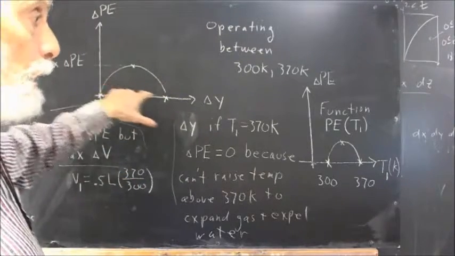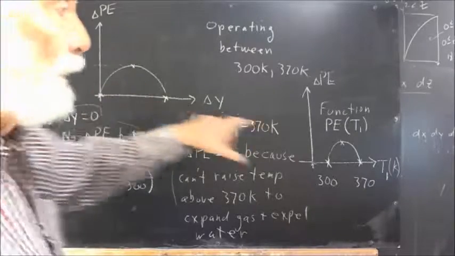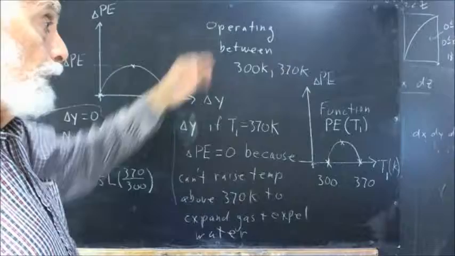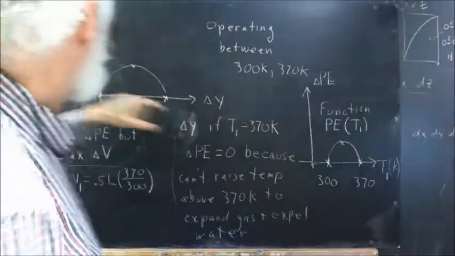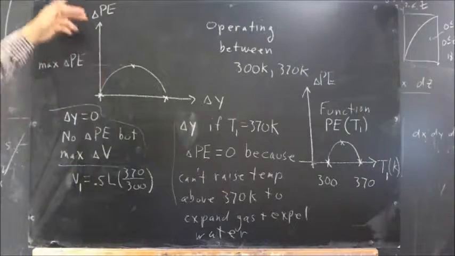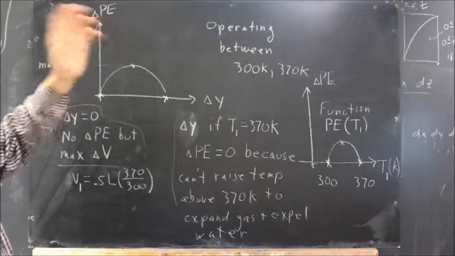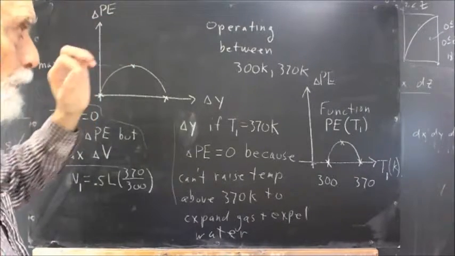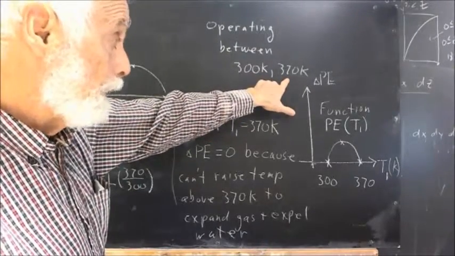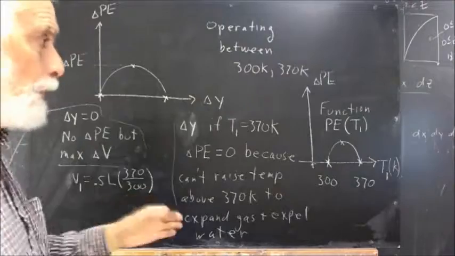Now, the temperature T1, temperature T in state 1, is what determines how high the water is raised, and so that determines how much difference you have between T1 at the intermediate temperature and the 370 degree Kelvin temperature, which determines two things.